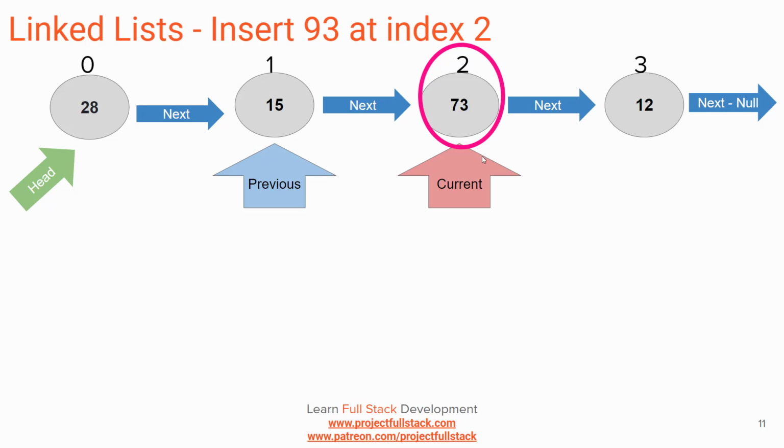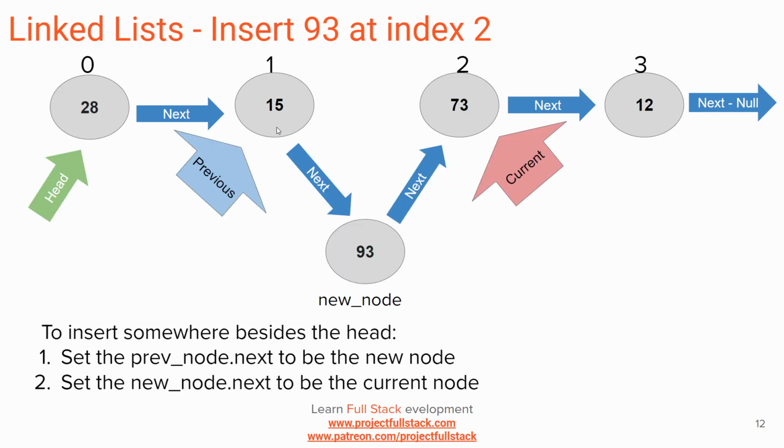So that current position variable is equivalent to the index you passed in, so 2. We found where we're going to insert. Now my previous node actually evaluates to something. It points to a node. So I'm going to take my previous node and set its next property to be the new node I'm going to insert. And then I'm going to take the new node and set its next property to be whatever the current node is pointing at.